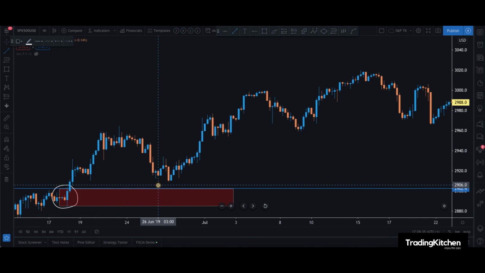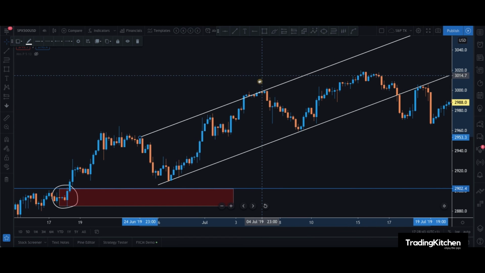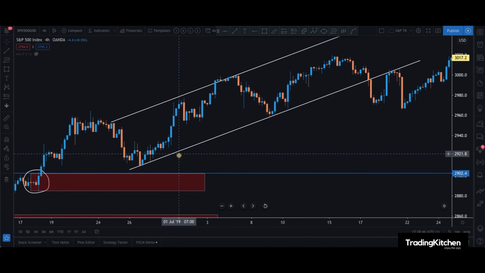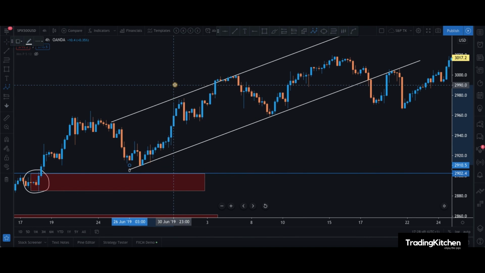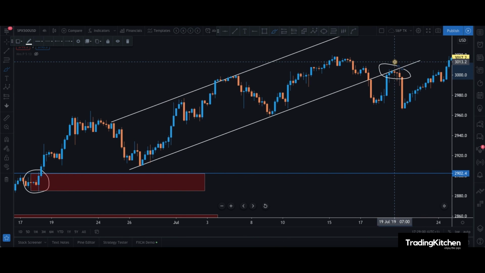Channel. 0, 1, 2, 3, and then price goes down, broke the channel, retested, and then goes down again.